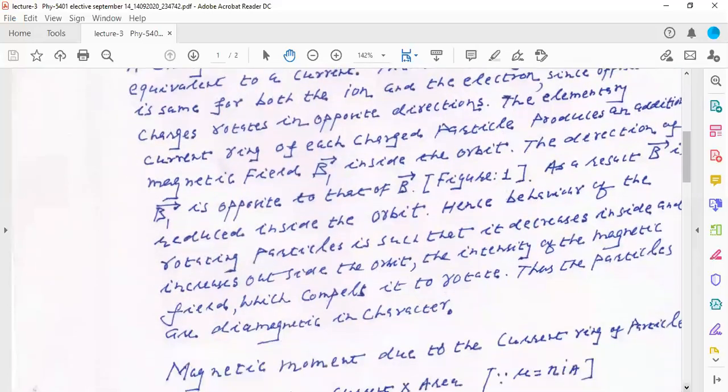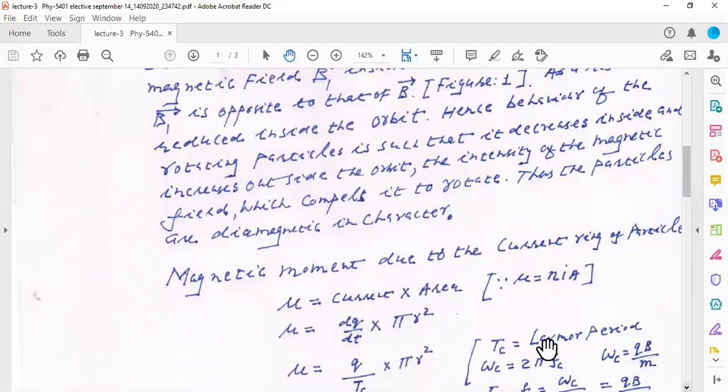I can write the expression as n times I A, where n is the number of turns in a loop. But since you have a ring of current, there is only one loop here, so I keep n equal to 1. So I get magnetic moment equal to I times A.